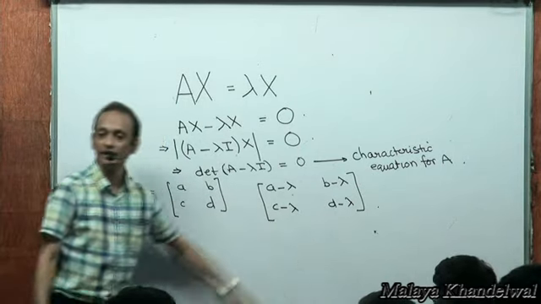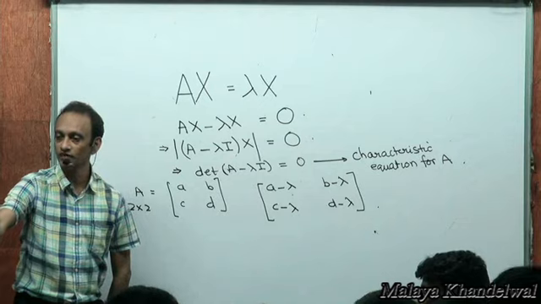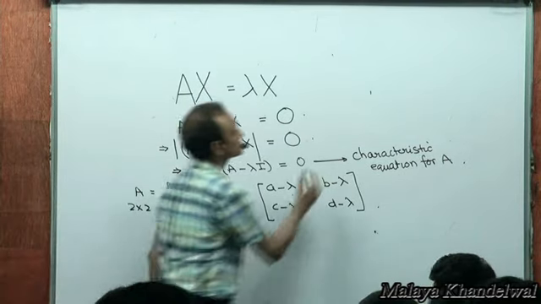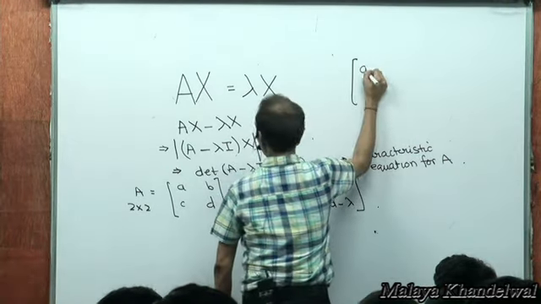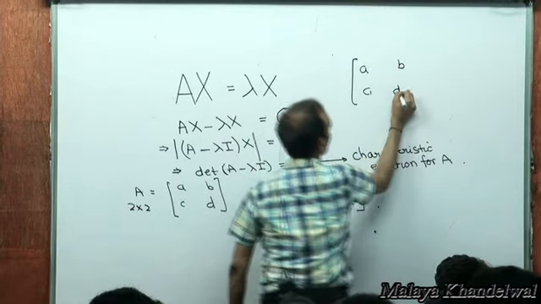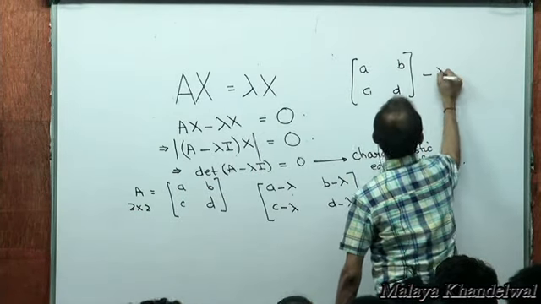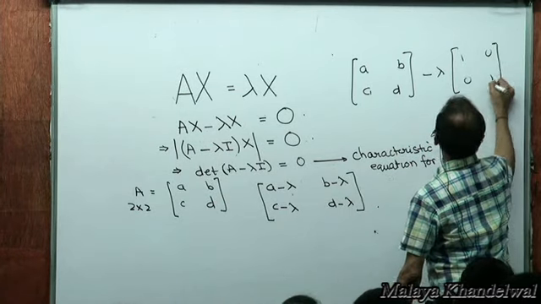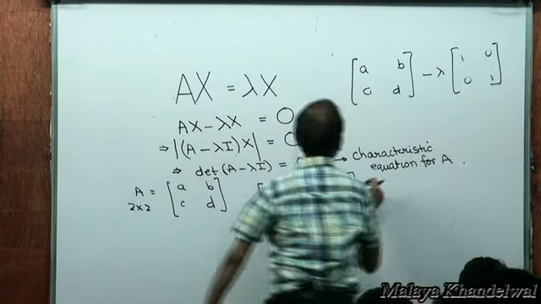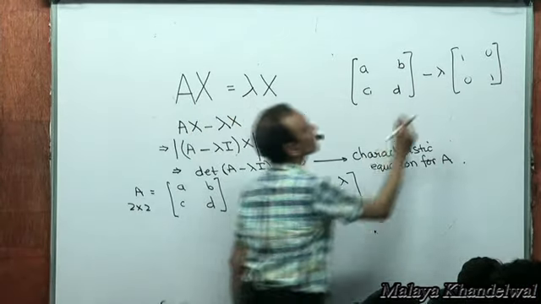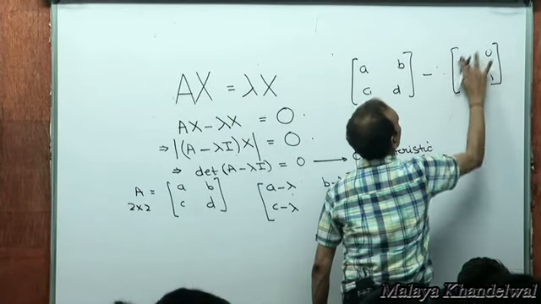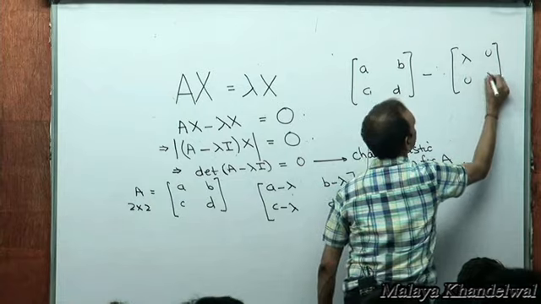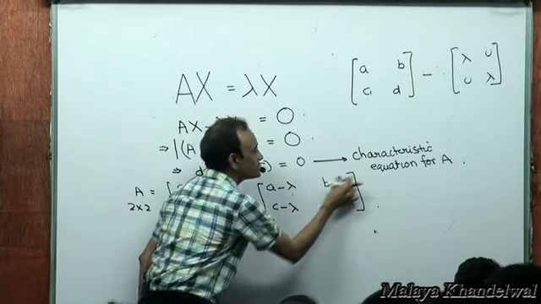A is A, B, C, D, minus lambda I, which is 1, 1, 0, 0. So when I multiply, I'll have lambda here, lambda here. So for sure, this will not be there.